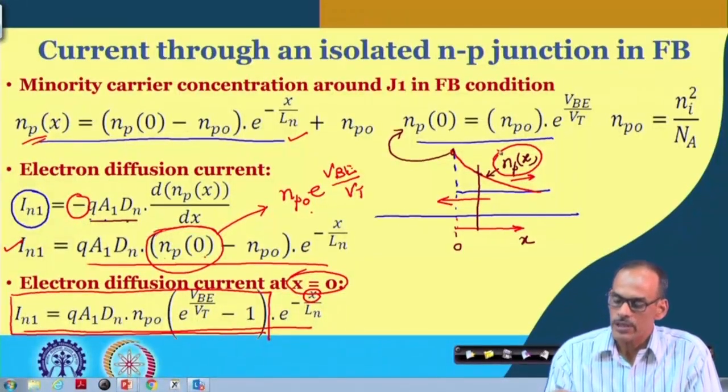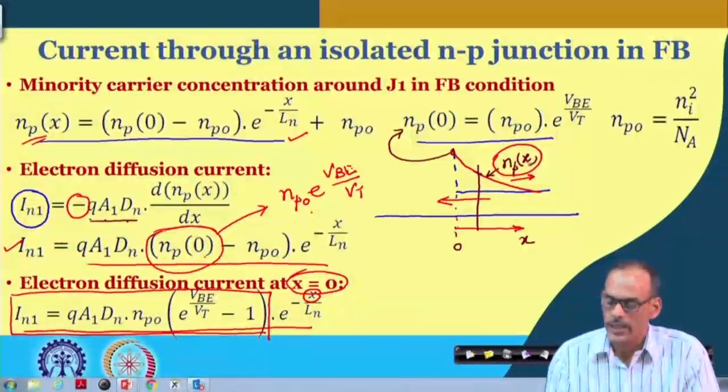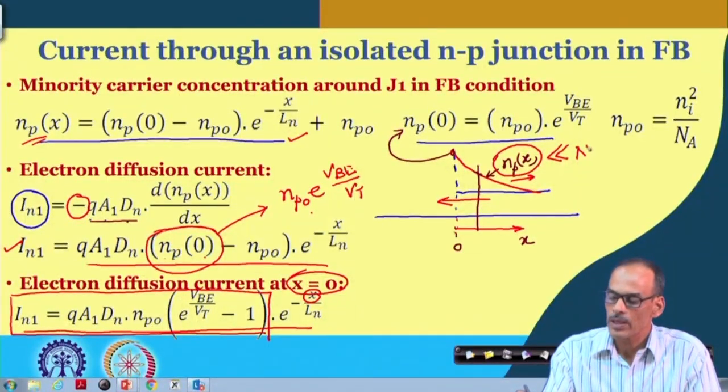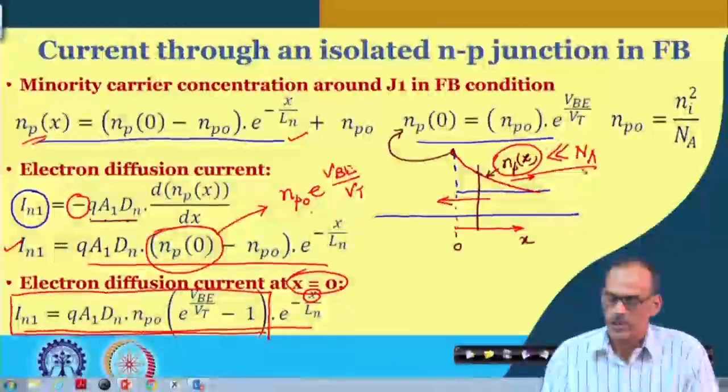In other words, if the npx is much lower than the available concentration here in the base region, namely NA, then we may say that it is low level of injection.